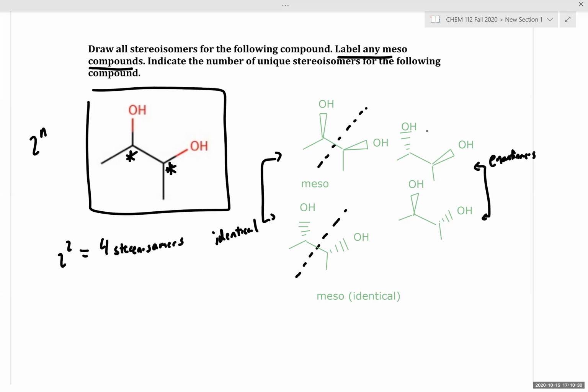So just to make sure that the response is saved, I'm going to clear these drawings. This is perfect for this problem. We've identified all the stereoisomers, identified two of our compounds as meso or identical. So for this compound, we only have 3 unique stereoisomers and only 2 chiral species.